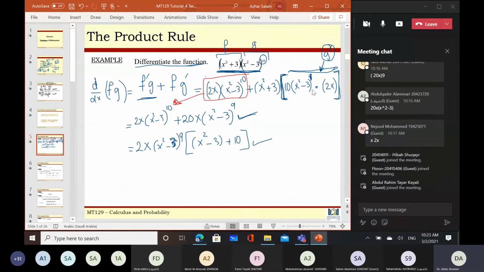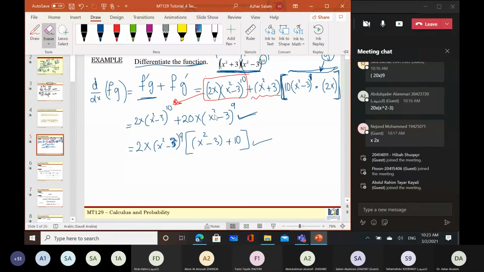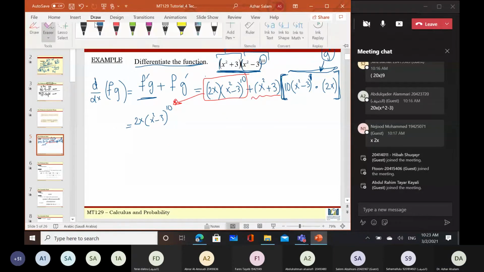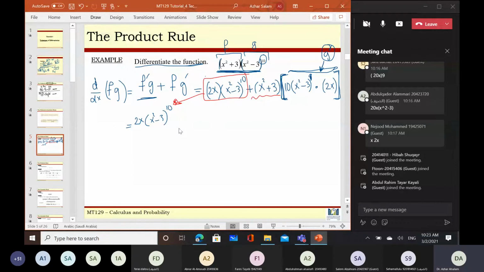But in the second part, notice here that I have, just a moment, I forgot this term. Excuse me for the previous solution, I forgot the function f, which is x squared plus 3.